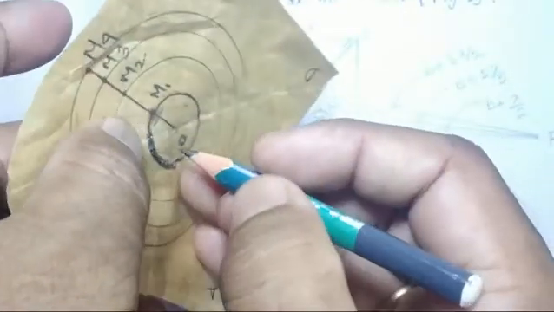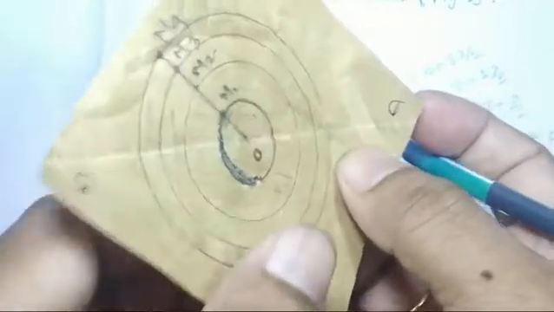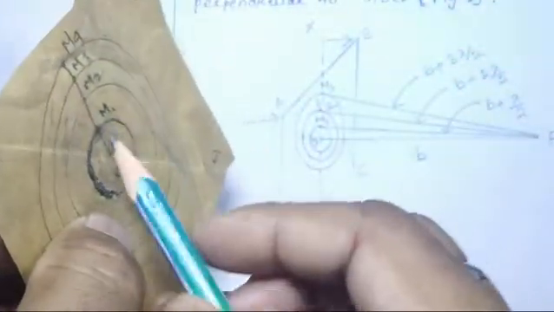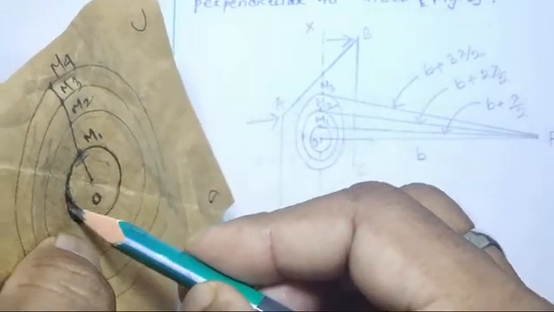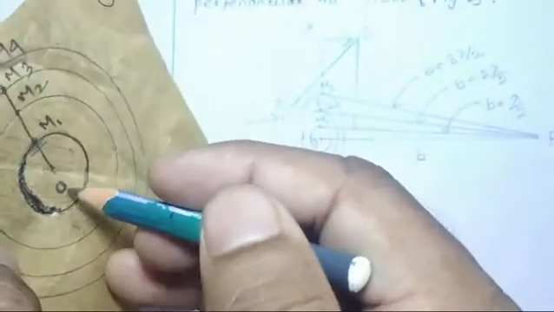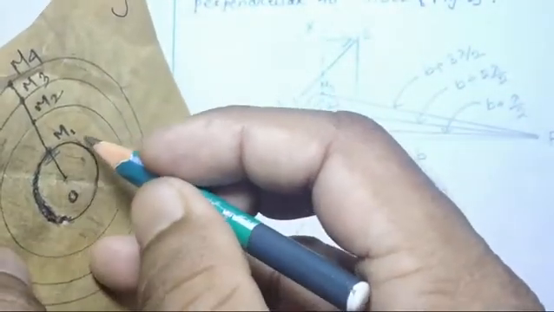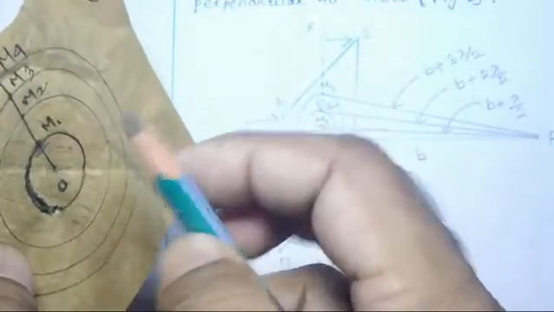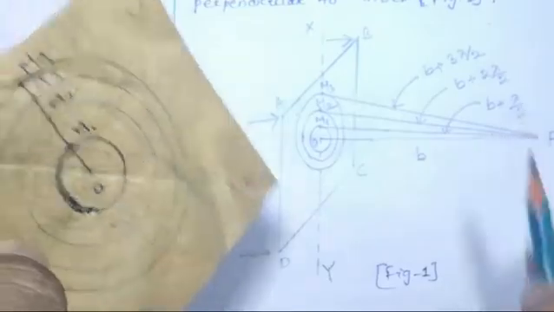The light passes through the center without any path difference, but if the light passes through this circular circumference line, not the whole half period zone, only from this, then that light has a path difference equal to B plus lambda by 2.